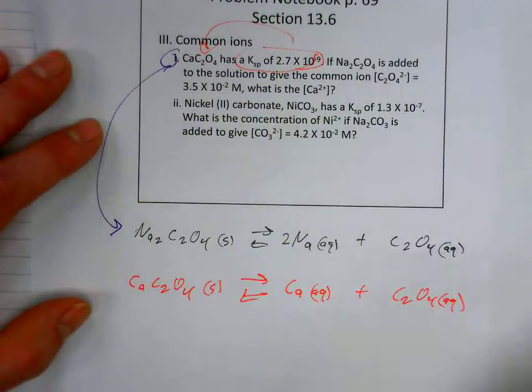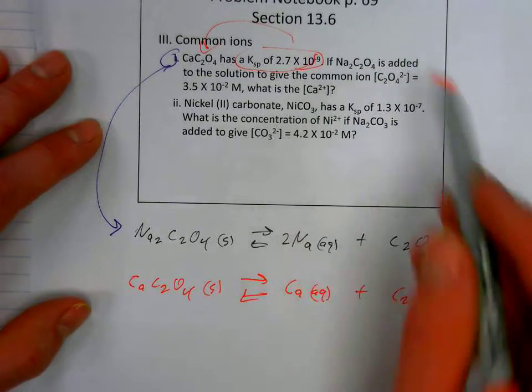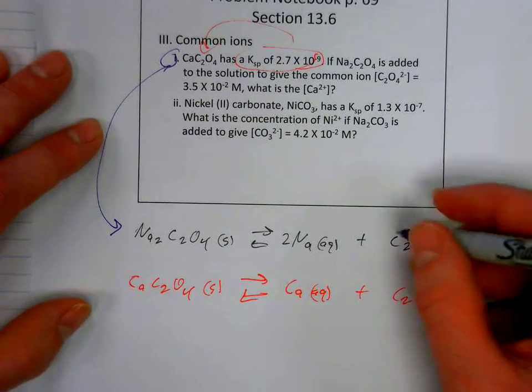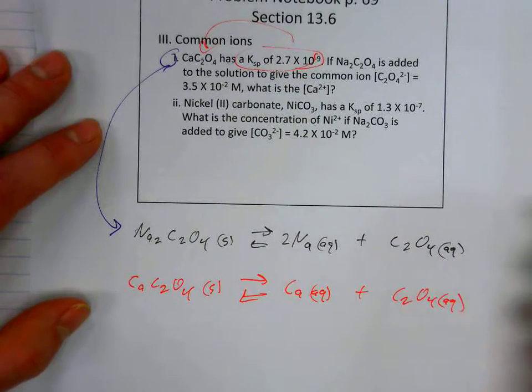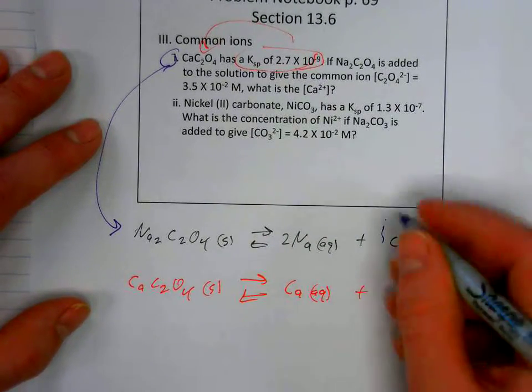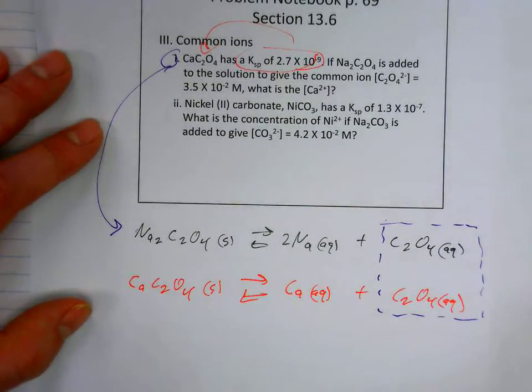Now notice that when we show the dissociation of both of those, there's something in common here. So not the sodium and calcium, of course, but this thing right here, the chromate ion, is in common. They both share chromate.